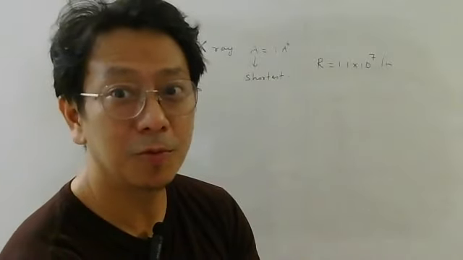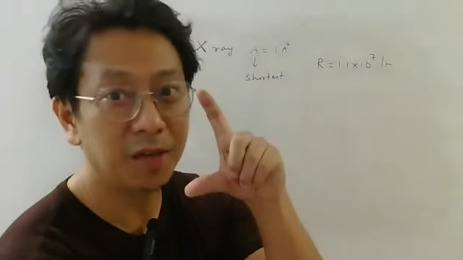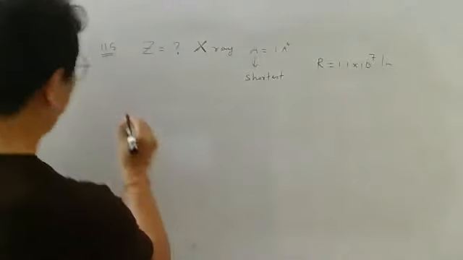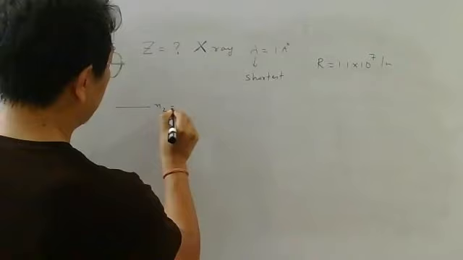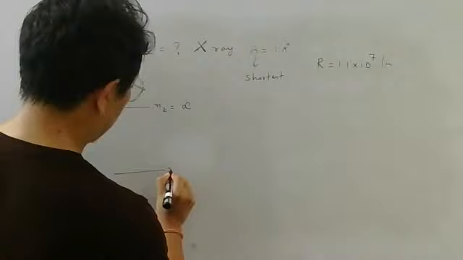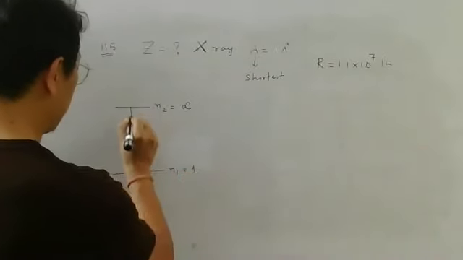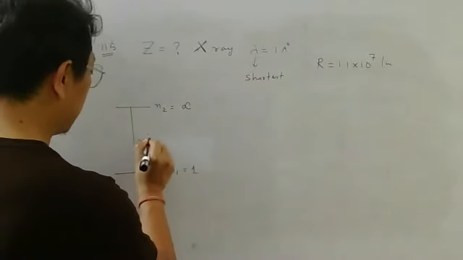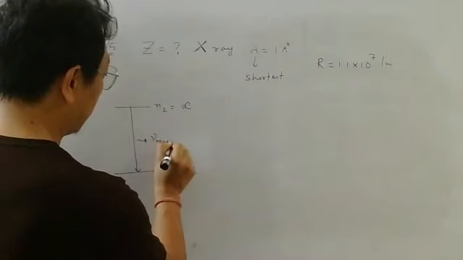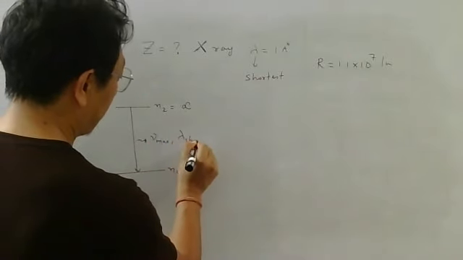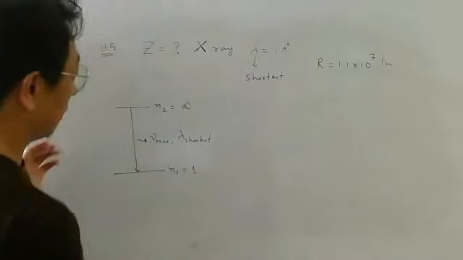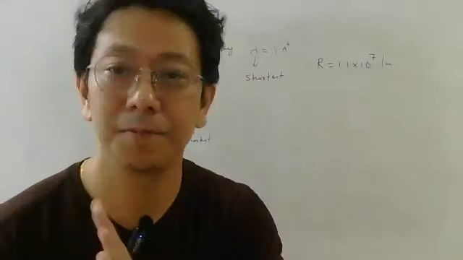From infinity to 1, maximum energy gap. So infinity to 1 will be your maximum frequency, therefore your shortest lambda in the whole series.